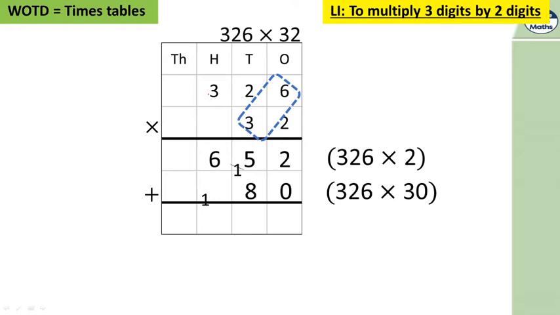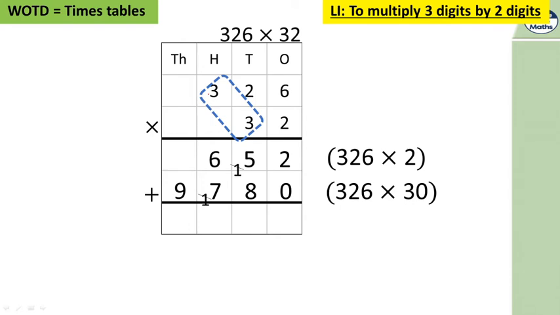So exchange 1 over into the hundreds column. Then we are doing 3 times 2. 3 times 2 is 6, plus 1 is 7. The next one we have is 3 times 3, which we know is 9. So it goes straight into that column, our thousands column.